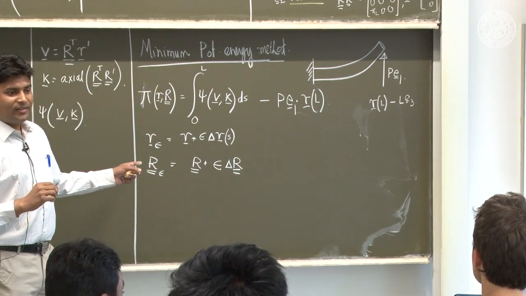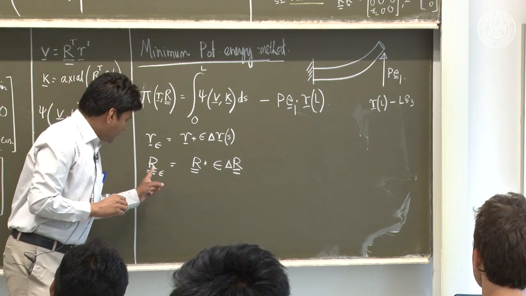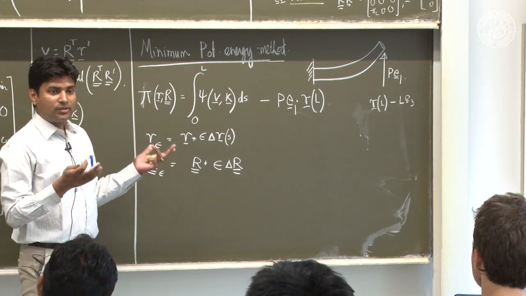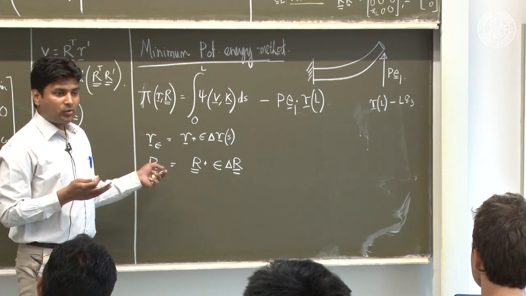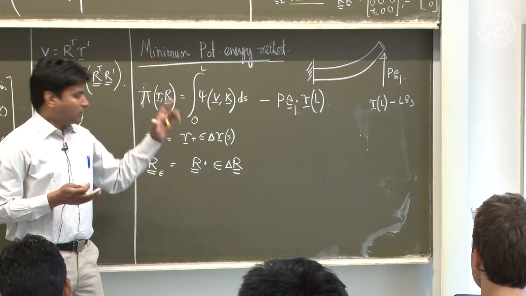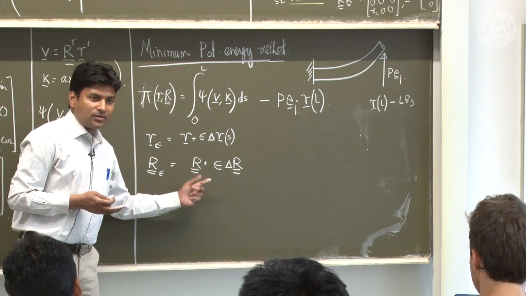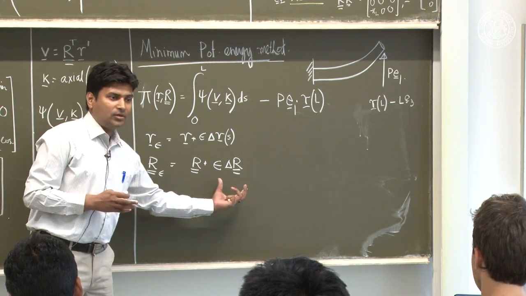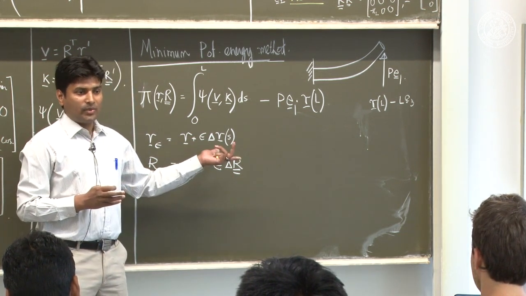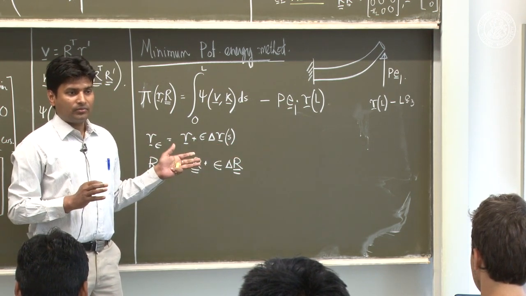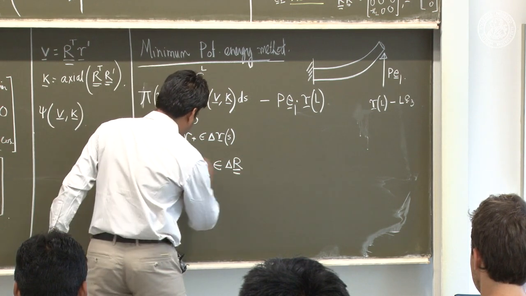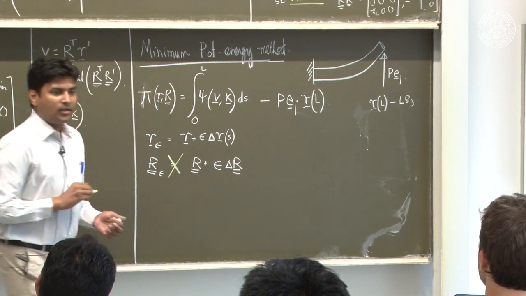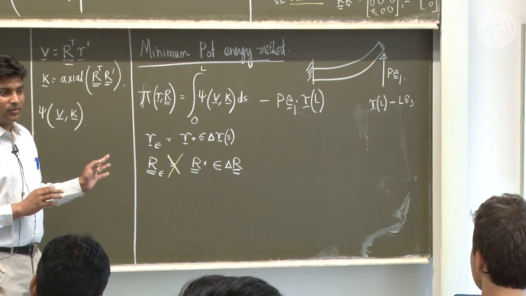Can we do that? That is something we cannot do, because I want the fluctuated big R also to be a rotation, right, because it has to be a rotation when you perturb it. But it is not necessary that if you have a rotation matrix and you add anything arbitrary, you still get a rotation matrix. That does not happen. So this is not correct. You can't perturb your rotation in this way.